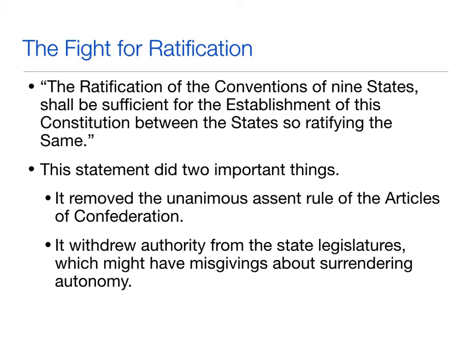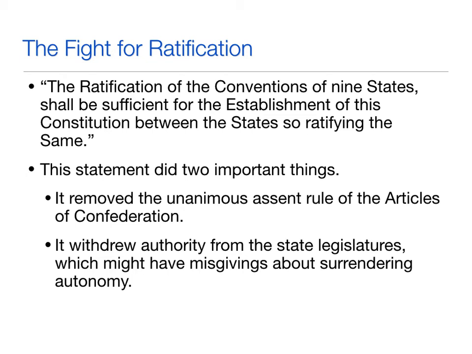Because if everything's run by majority rule, you're going to run roughshod over minority groups in the population. And this fight led to the question of how to ratify the Constitution.